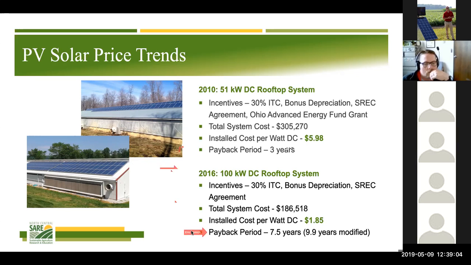The reason for that is, while the system costs have been coming down, we've also seen a reduction in the value of some of the incentives. As an example, in Ohio, our renewable energy credits were significantly higher valued in 2010 compared to 2016. That's a topic we're going to dive into more during session 4.